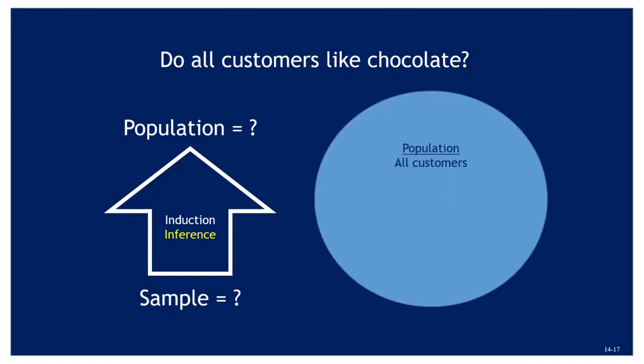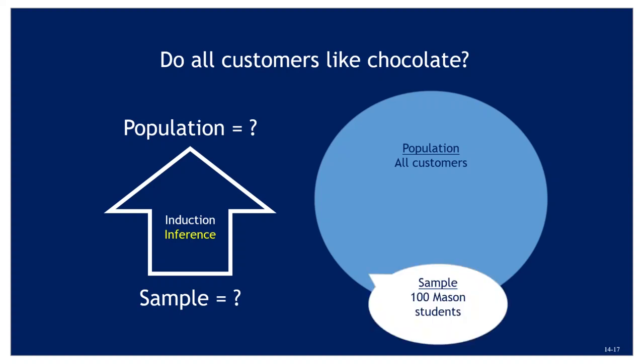In the whole customer population, there are existing customers, and also an unknown number of potential customers out there that I don't have access to. However, I do have access to 100 or 150 Mason students. So I can look at that as my sample. I can ask them if they like chocolate, and then I can use that sample to guesstimate my population distribution.